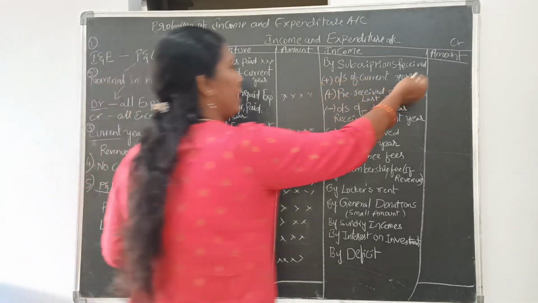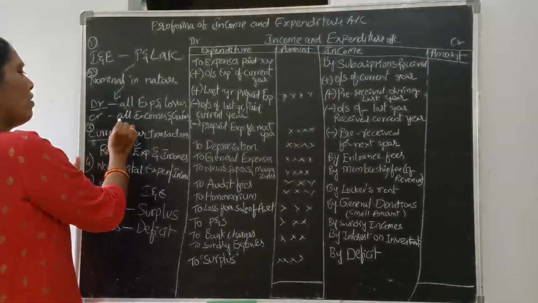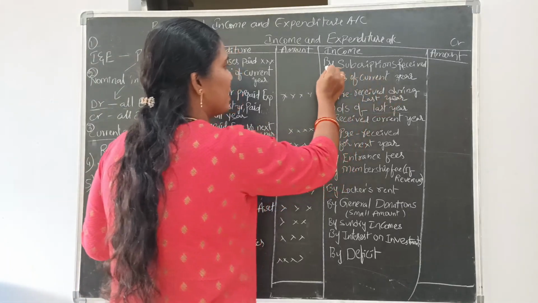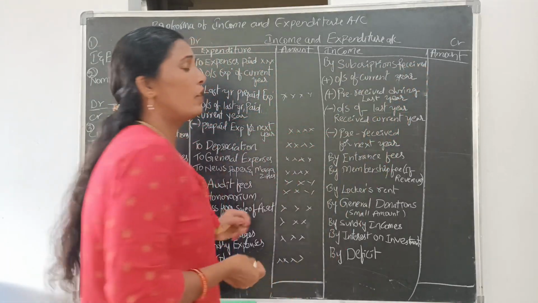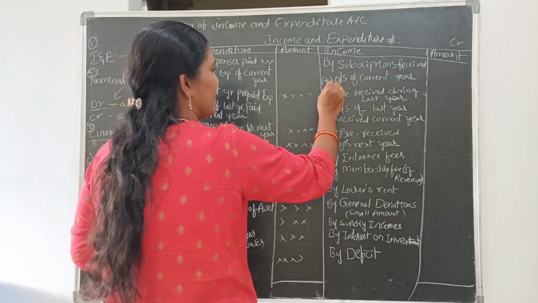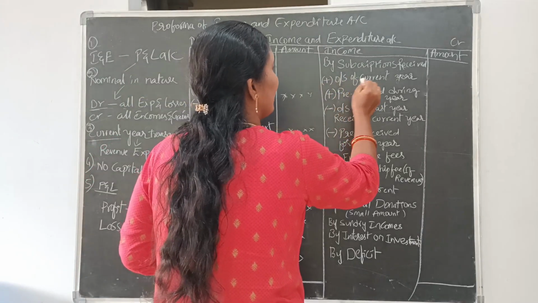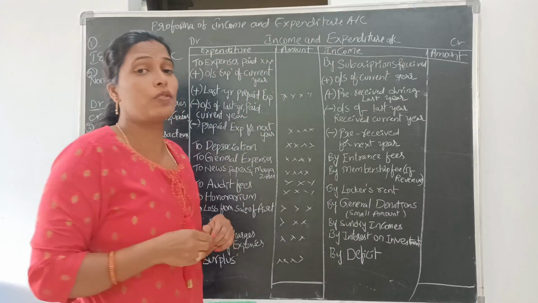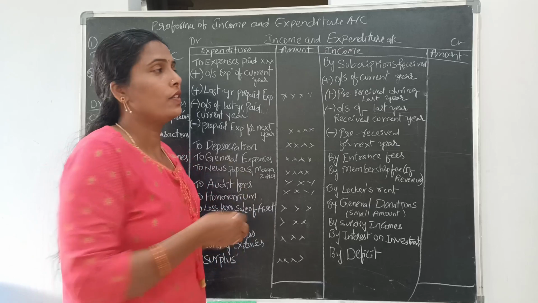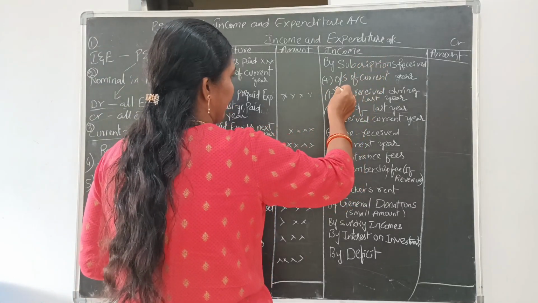Coming to the income side, which is the credit side, we post all income side gains. By subscriptions received, whatever receipts we have, we'll post on the credit side. If any adjustment is there, we need to add or deduct. Let us see. Add outstanding of current year, which means this year's amount we need to receive, so we need to add.